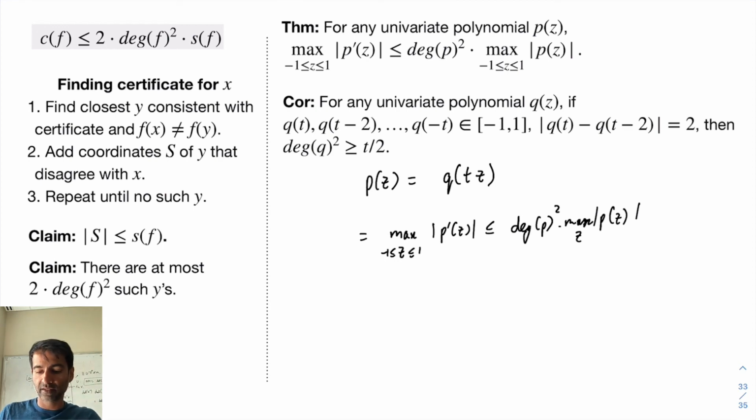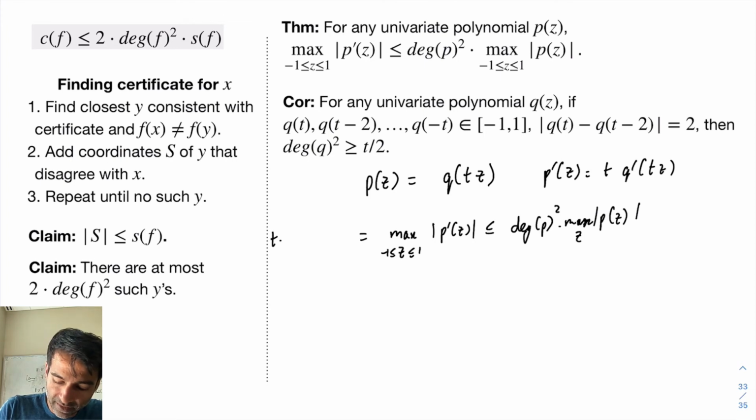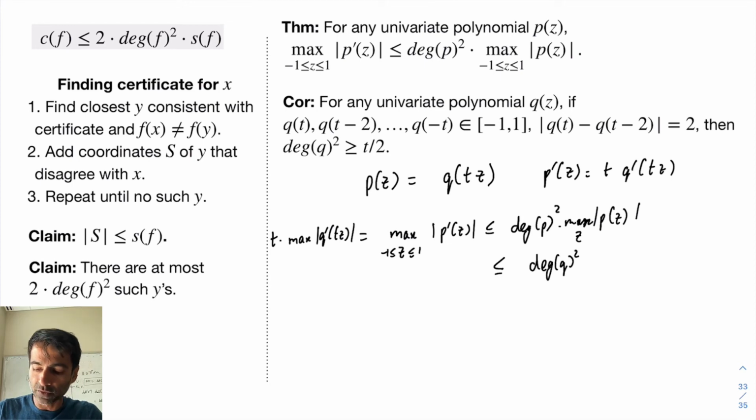But this is equal, by the chain rule, the derivative of P is equal to T times the derivative of Q. So the left side is equal to T times the maximum of the derivative of Q. On the right hand side, the degree of P is equal to the degree of Q, so here we have the degree of Q squared.